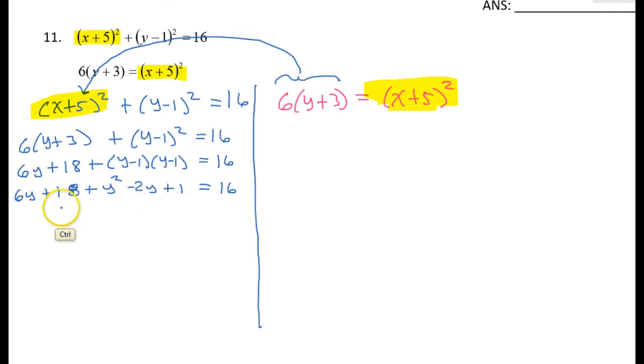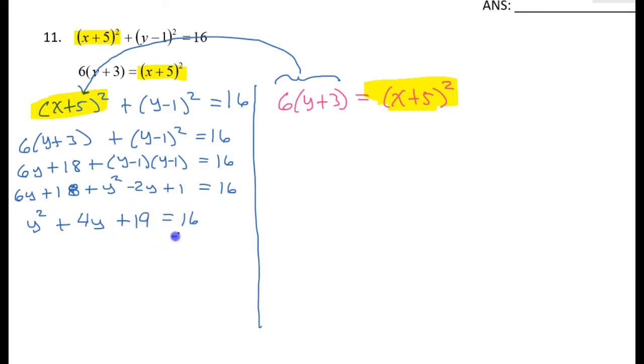is equal to 16. So just combining my like terms, I'm going to have y squared. But then I have 6y minus 2y, so that is 4y. 18 plus 1, that's 19, is equal to 16. I need to solve this.